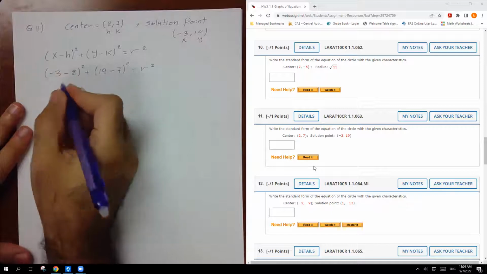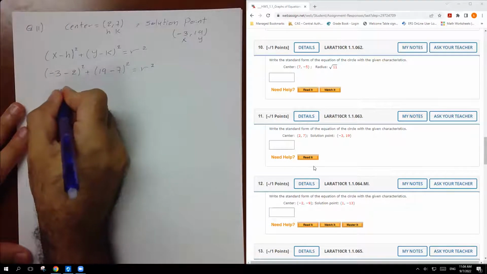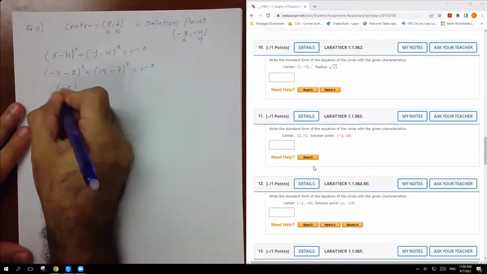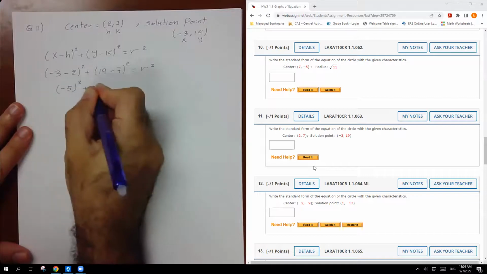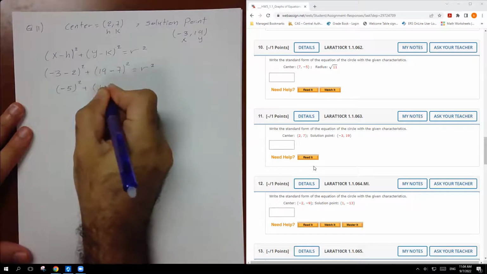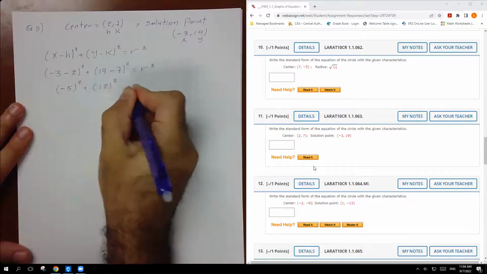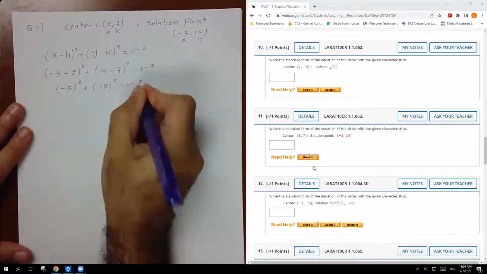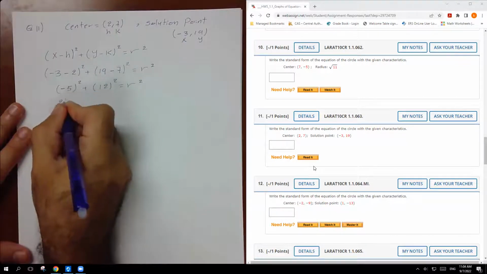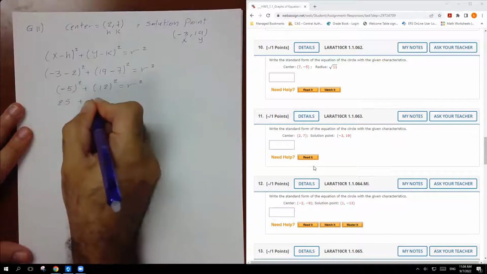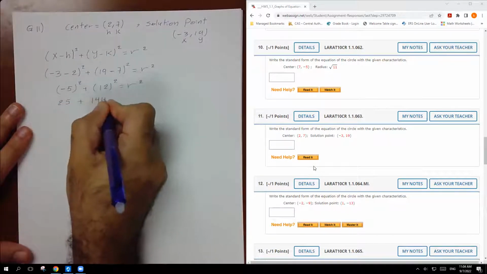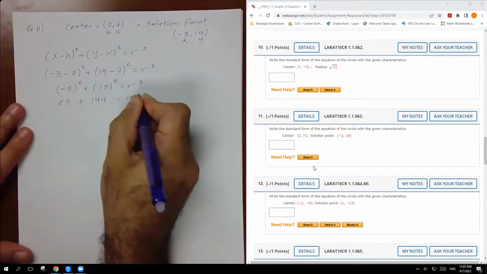So -3 minus 5 is -5, squared, plus 19 minus 7 is 12, squared, equals the radius squared. This is 25 plus 12 squared, which is 144, equals r squared.